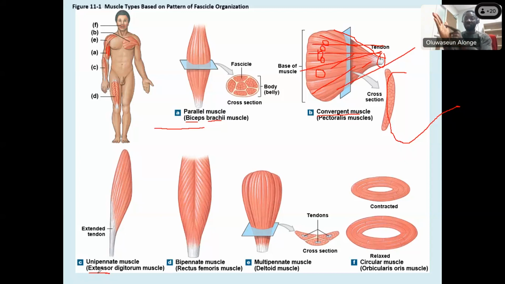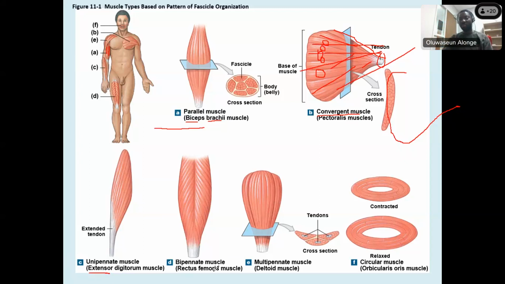I flex it by reducing the angle. Extension is to restore it to normal angle. Flexion, extension. So when we say extensor, it means they help to do extension. And digits means they are around the digits. All right. So that's it.